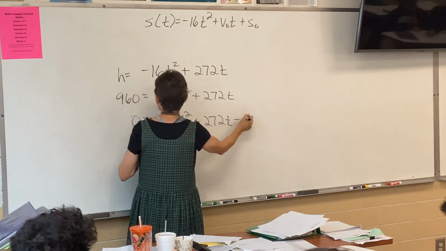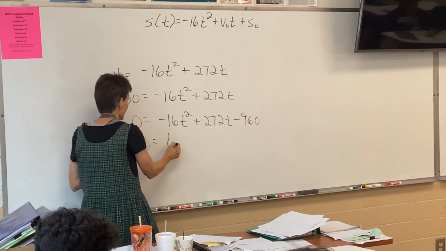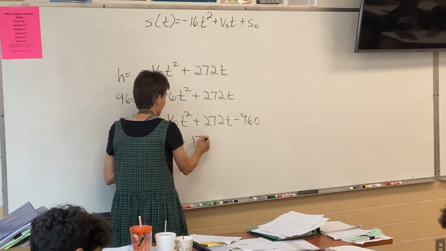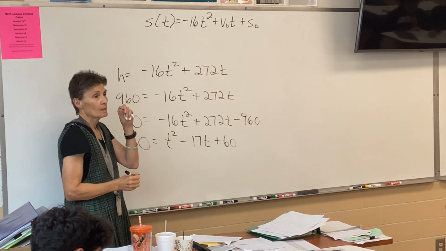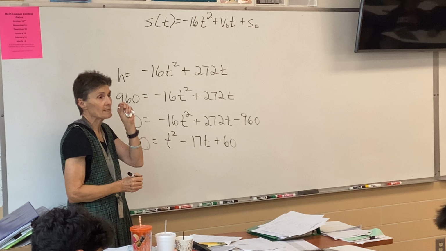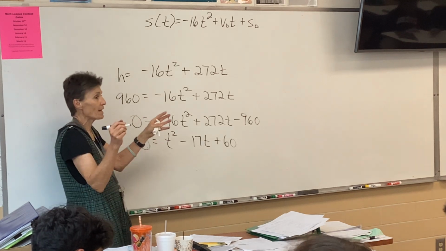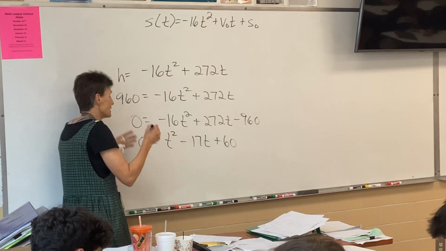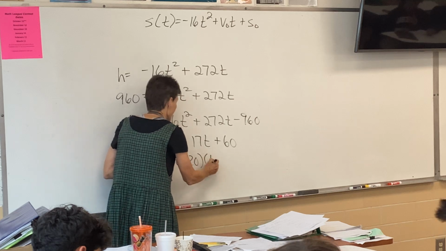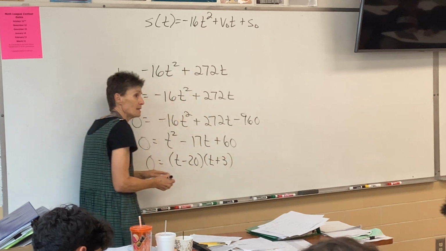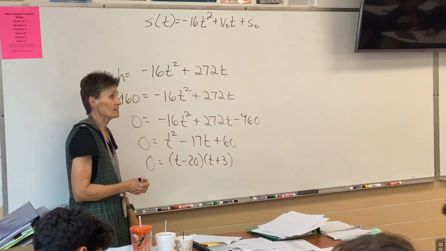All of these, fortunately, are also divided by negative 16. Okay? I got it. Now, we gotta get the factoring down, you guys. You cannot just throw something down and then think it's okay. Some of you are doing 20 and 3, which makes sense to me, because those add up to negative 17.